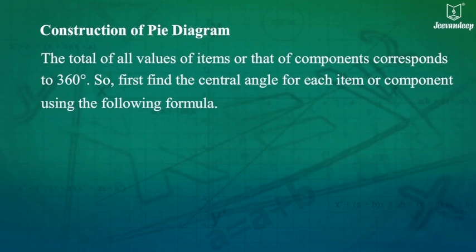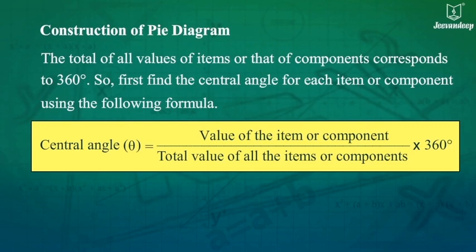So, first, find the central angle for each item or component using the following formula. Central angle, represented by theta, is given by the value of the item or component upon the total value of all the items or components, multiplied by 360 degrees.